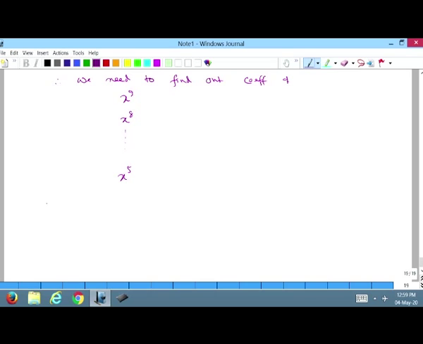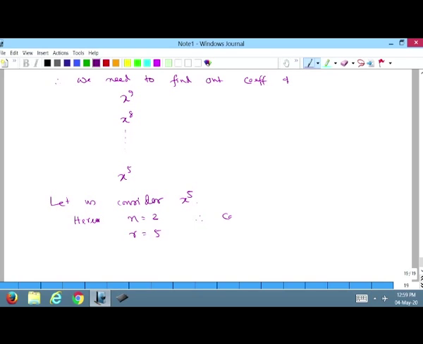So, let us first consider x to the power 5. Here n is equal to 2, r is equal to 5.